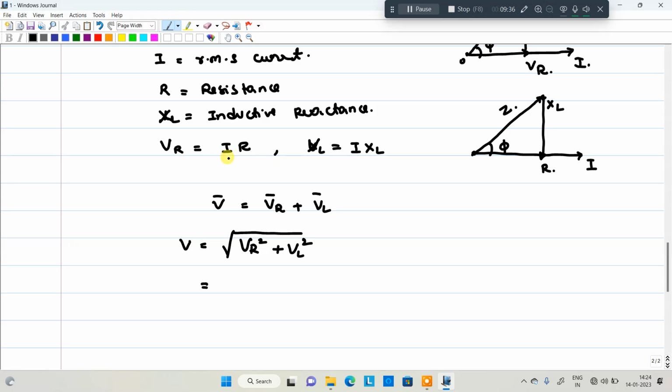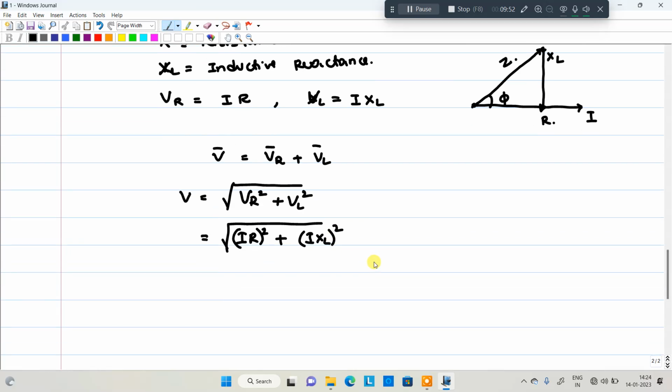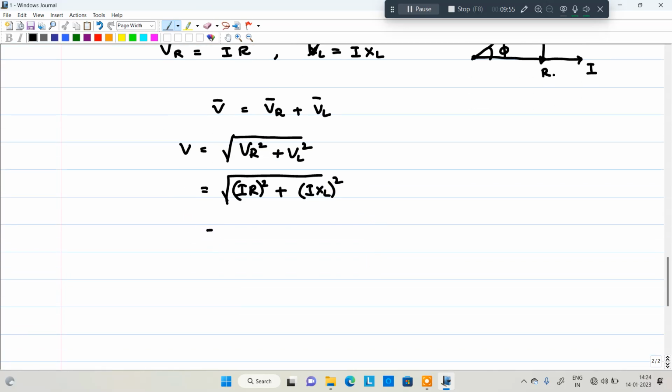VR is nothing but the voltage drop across a resistor, that is I into R. We can replace it here: I into R whole square, plus VL is nothing but I into XL whole square. Here the current is the same, so we can take the current outside. So finally we get R square plus XL square.